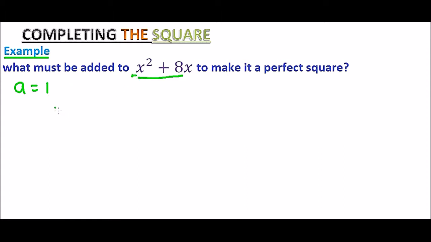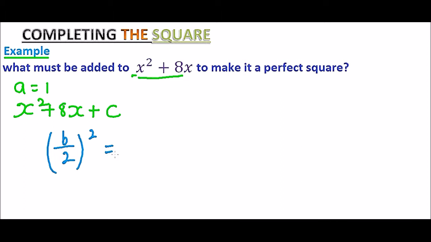So we can write our expression as x squared plus 8x, and we assume that what is to be added is our c. And we have found that if an expression is a perfect square, then there exists a relationship where b divided by 2, squared, should give you c.